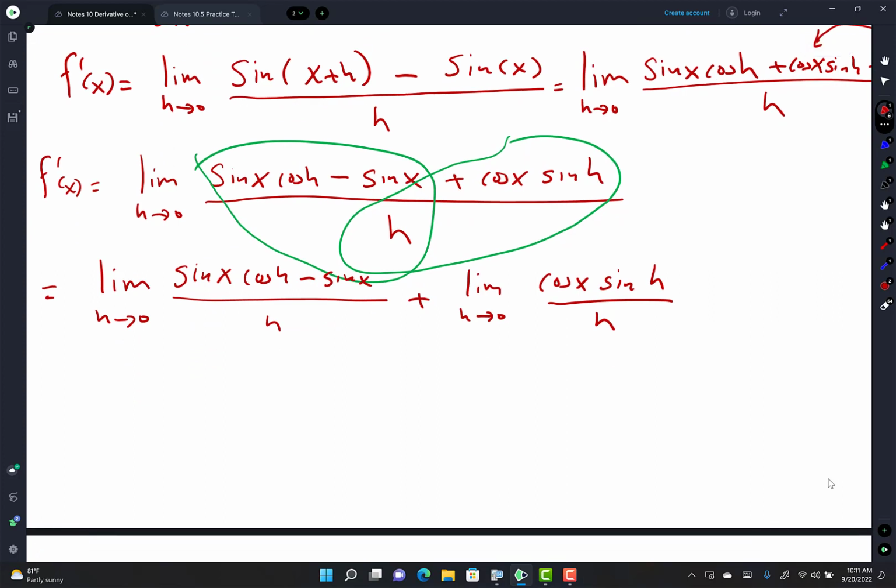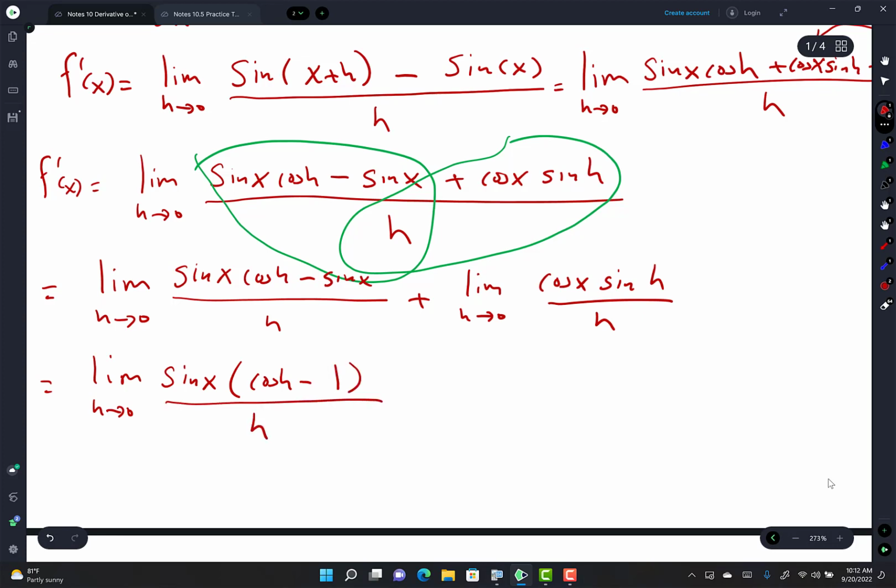I'm going to factor out a sine x. So from the first two right here, limit as h approaches 0, this is my sine x factored out, cosine h minus 1 over h, plus the limit, and I'll do it in the next line, as h approaches 0, cosine x sine h over h. So catch up to there.